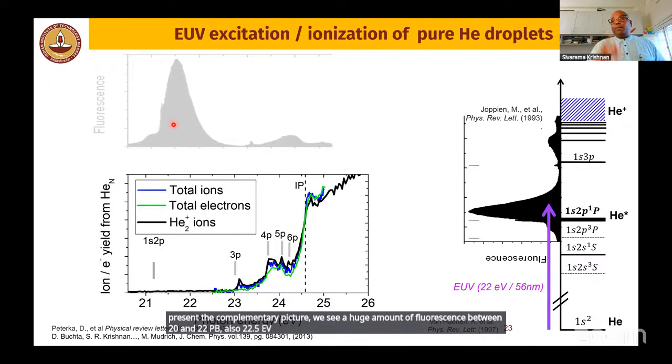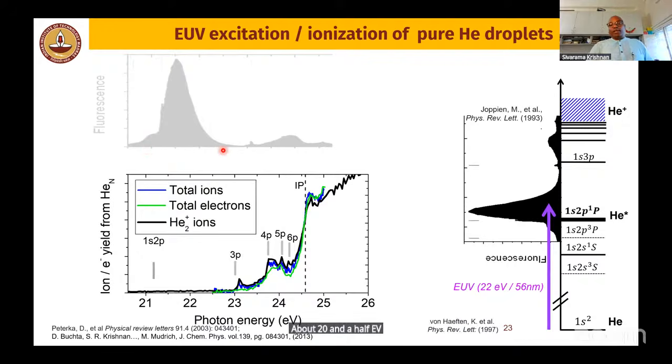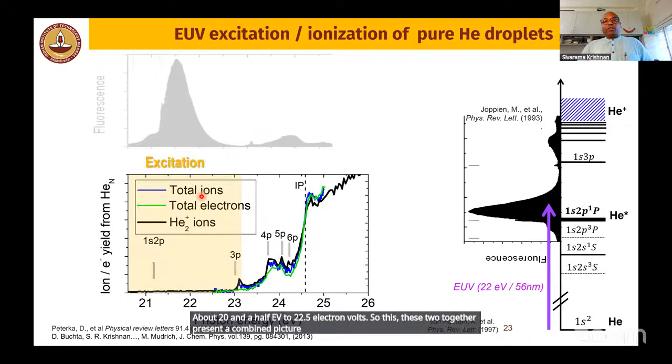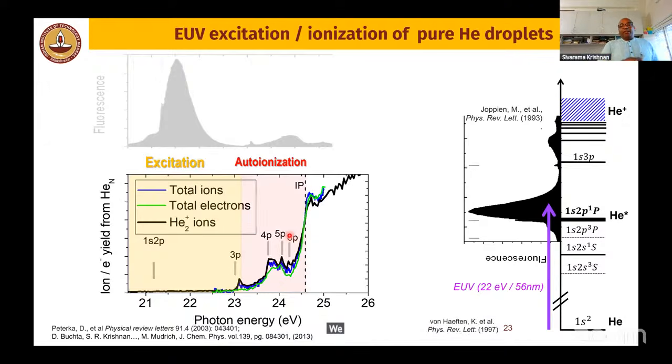So this tells us the other part of the electronic structure story, that there is a nice bound transition in helium nanodroplets occurring when excited between about 20.5 eV to 22.5 electron volts. So these two together present a combined picture of the electronic structure of these droplets. In the first region below 23 eV, we have only excitation. In the second region, we have excitation plus some ionization, and the third region, above 24.6 eV, is dominated by ionization for both atoms and clusters.